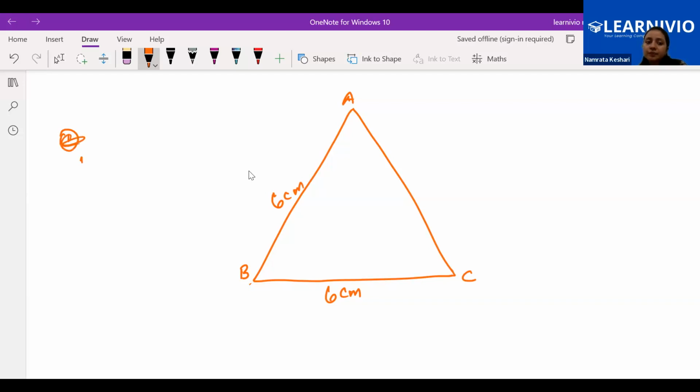So Anam, which two angles? Angle A and angle B. That's what you said? Yes, ma'am. Okay. Yes, Sarah. Ma'am, angle A and angle B. Okay. Arhan, angle A and angle B. Okay.